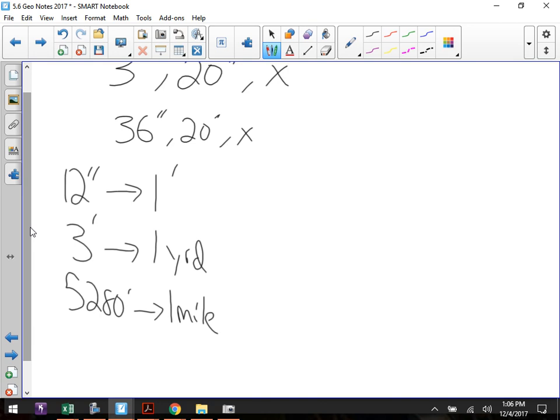Divide 5,280 by 3. Five two eight zero divided by 3.